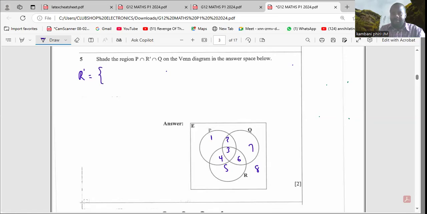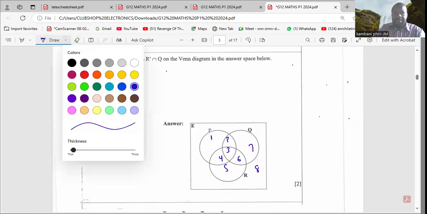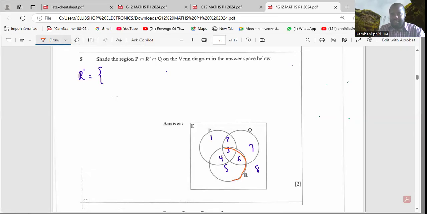So what is R complement? Anything that is outside this set. Okay, so you have 1, you have 2, you have 7, then you have 8.